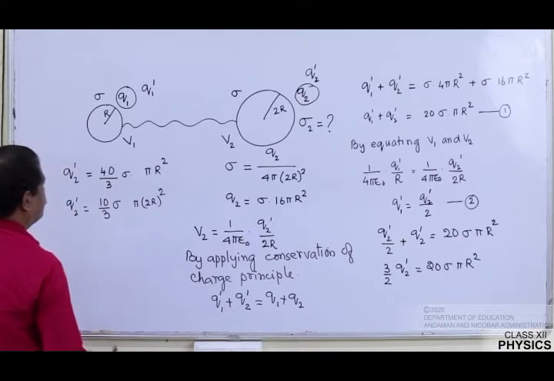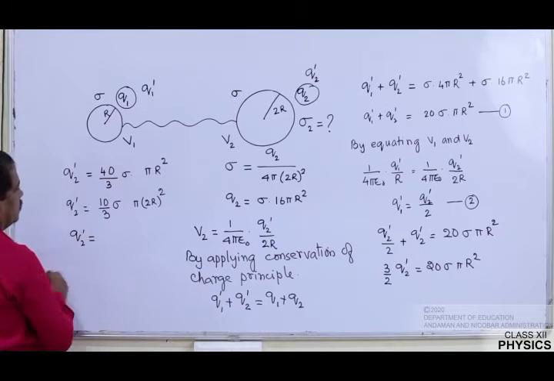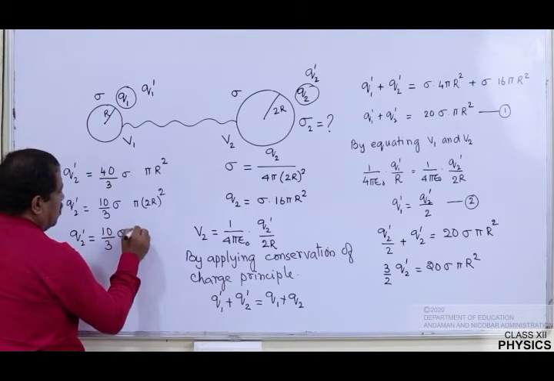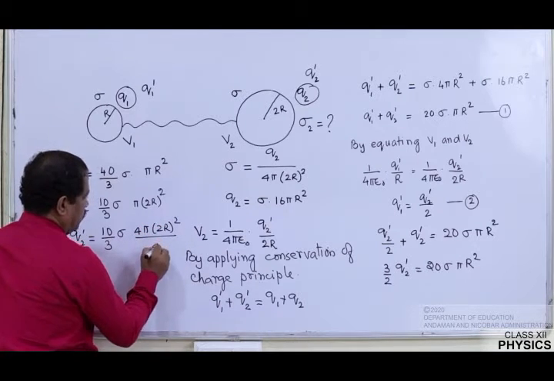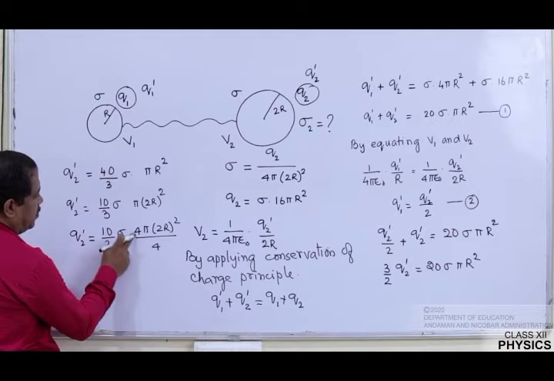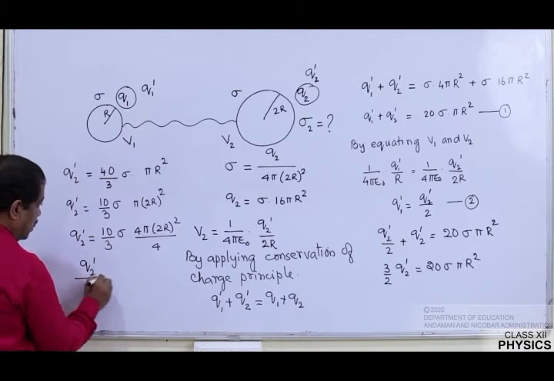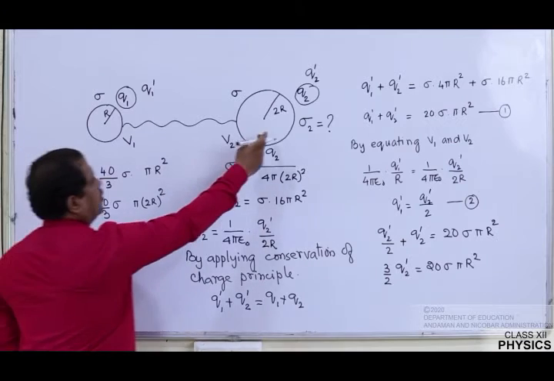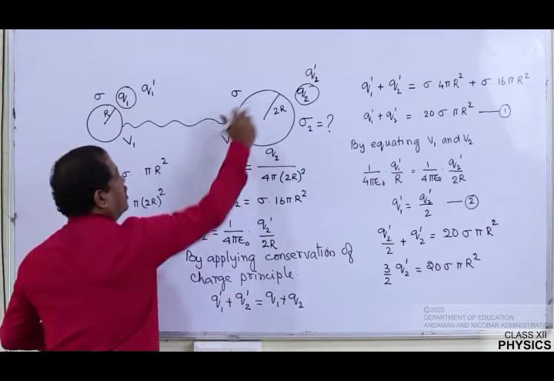Otherwise I shall rewrite this as q2 dash is equal to 10 by 3 sigma into 4 pi 2r whole square by 4, multiplying and dividing by 4. So this becomes the surface area. I shall rewrite q2 dash by 4 pi 2r whole square. This is the charge q2 dash on the second metallic sphere after sharing, divided by the total surface area of the sphere.